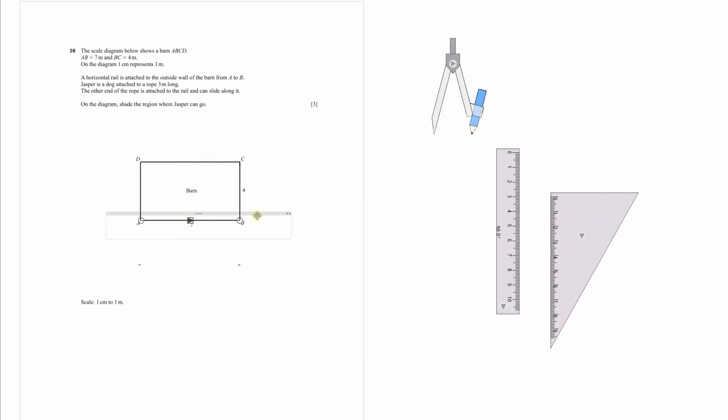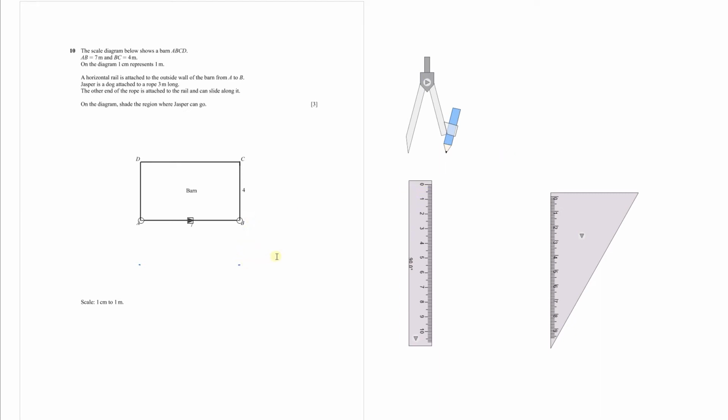Let's first also draw the circles for the locus of points that are 3 centimeters from B at this point, and then 3 centimeters from A would be a locus or semicircle like this. So for that, I will use my compass here.